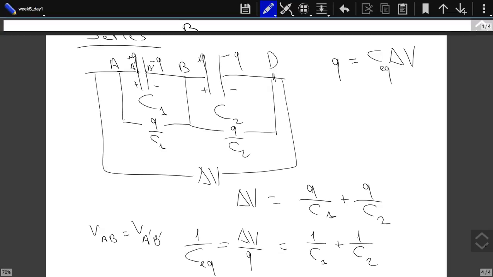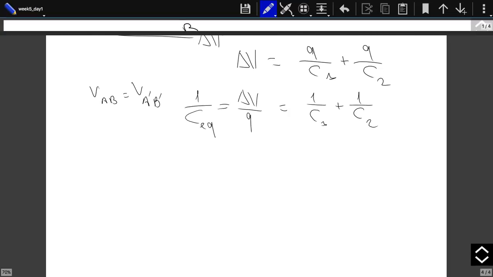Now, another way to see this relationship is just imagine that these 2 capacitors are just identical parallel plate capacitors. So we have this one and then the other one. Let's say this length is L1, and this is L2.